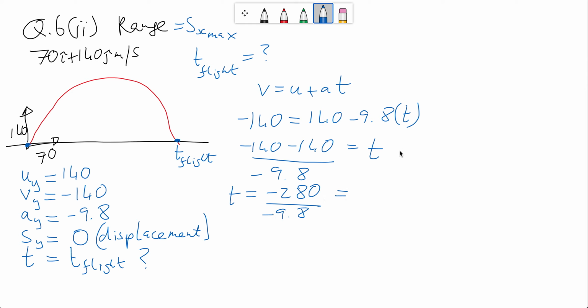That would mean that the time of flight is actually 28.6 seconds. Okay, so that's the time of flight.